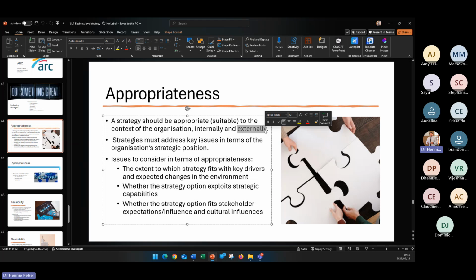And then also, will our stakeholders respond? And when I talk about stakeholders, I mean the full gamut of stakeholders, right from your shareholders right to the customers. Does it resonate with customers? So in terms of appropriateness, does this strategy make sense in terms of the business as it stands, but also as it stands within the context of the external environment?